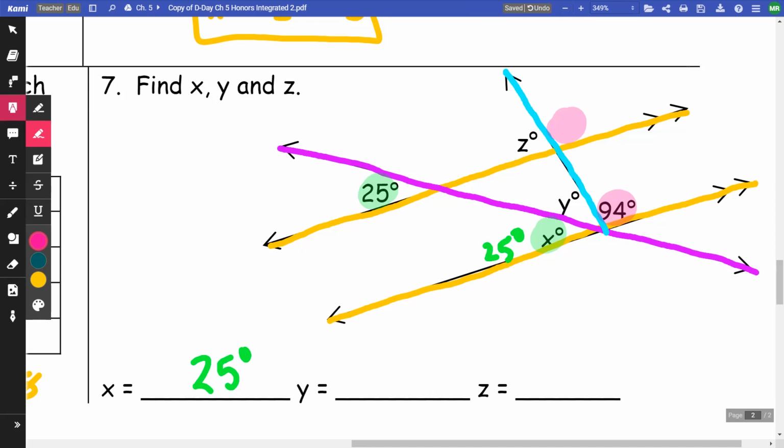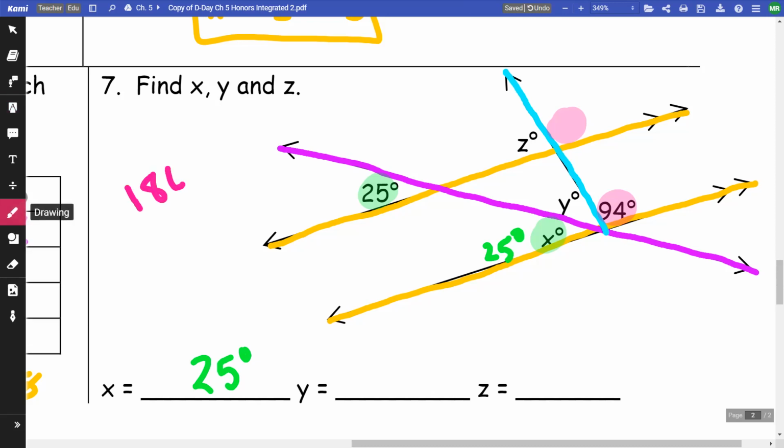So my z is going to be 180 minus 94. And when I take 180 minus 94, I get 86. So this is going to be 86 degrees. Sorry. This is 94 degrees because they're corresponding. This is 86 degrees. So this is 86 degrees.